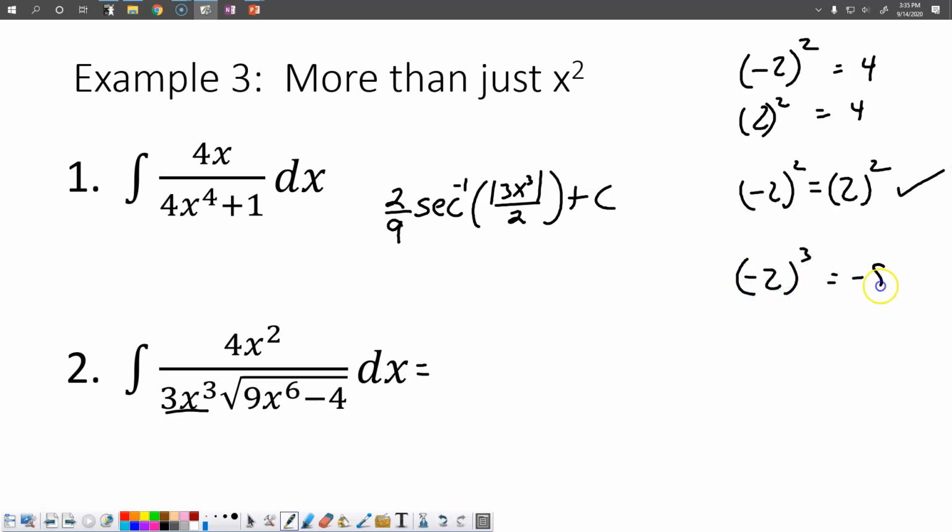Well, that's -8. What is +2 cubed? That's +8. Okay? So a -2 when you cube it is not the same thing as a +2 when you cube it.